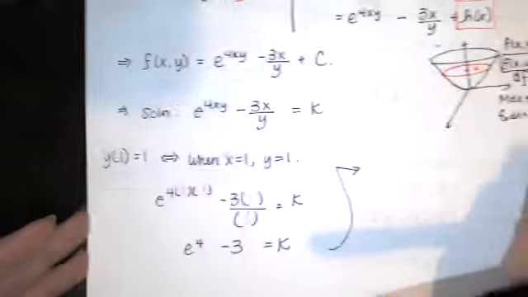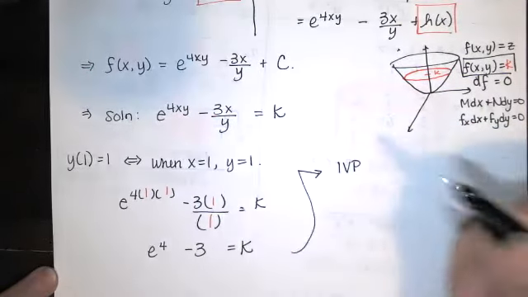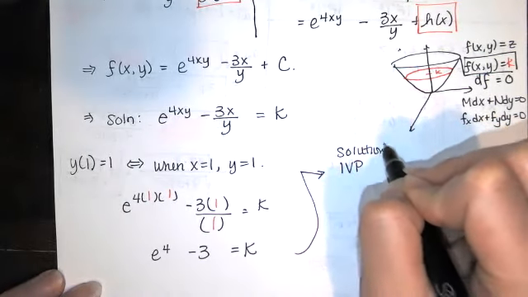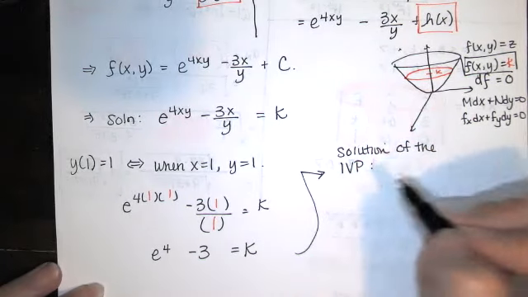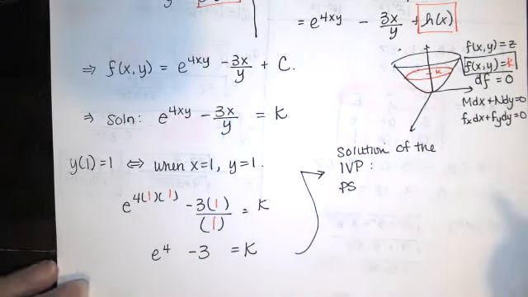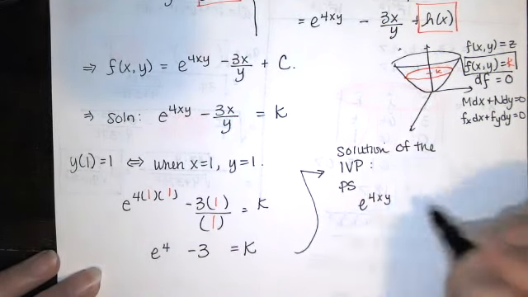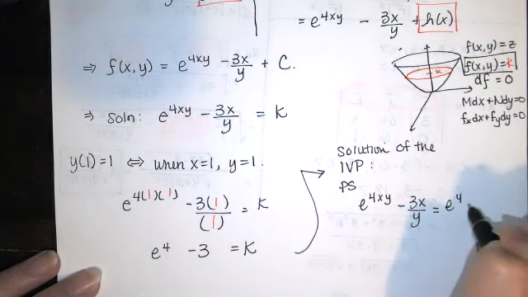So the solution of our initial value problem is a particular solution, which I'll abbreviate by PS, and that is e to the 4xy minus 3x over y is equal to e to the 4th minus 3.